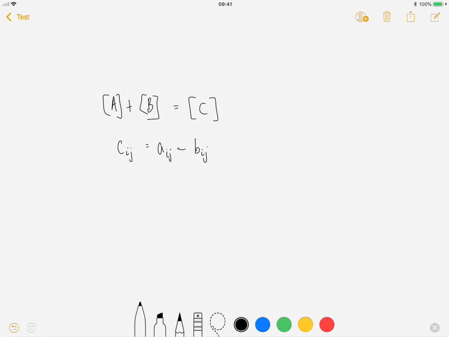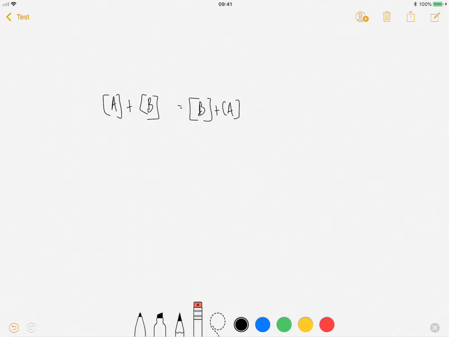Okay, now addition is commutative. So that means that A plus B equals B plus A. And it's also associative.